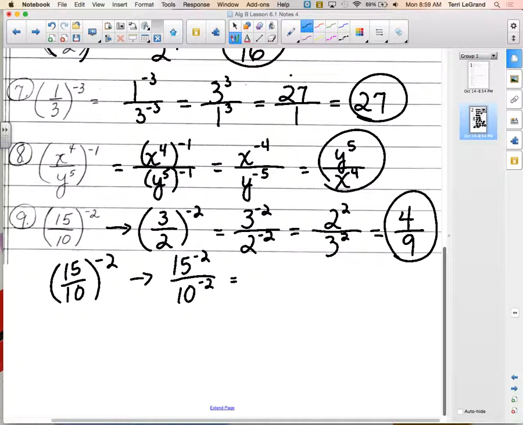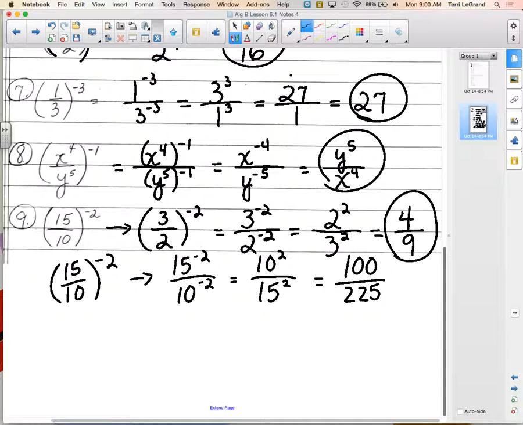We would have said, well, 10 can move upstairs and become a positive 2 power. 15 can move downstairs and that can become a positive 2 power. We will have 10 squared upstairs, that is 100. We will have 15 squared downstairs, that is 225.